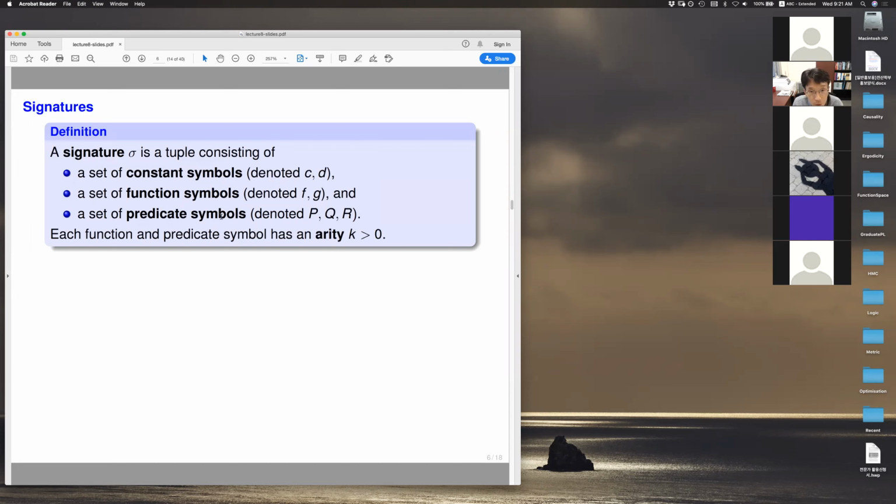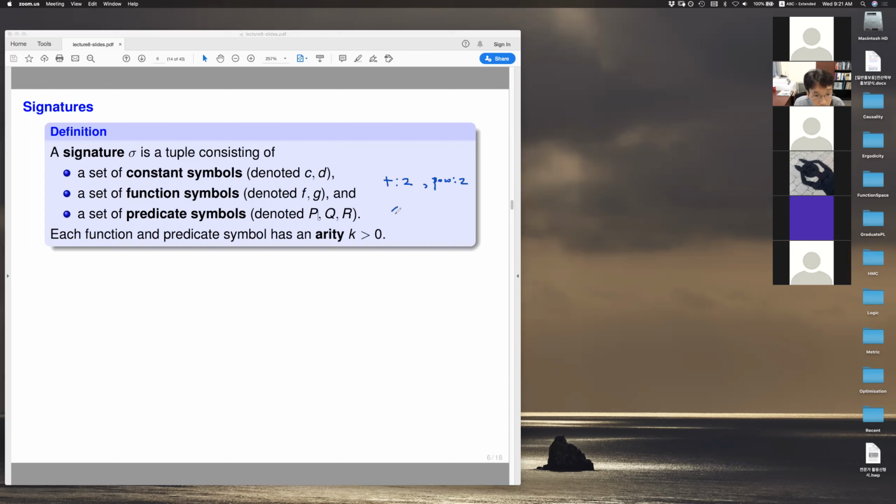For function symbols and predicate symbols, we have what's called arity, which means that we specify how many arguments each symbol will take. For instance, in the signature that you saw before, we had a plus function symbol, and its arity is 2, because it takes 2 arguments. POW also takes 2 arguments.